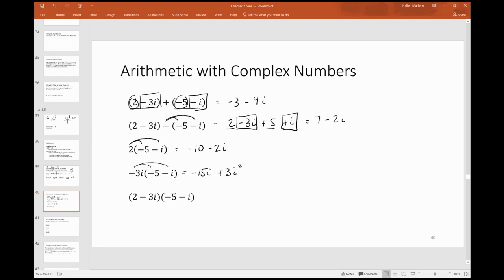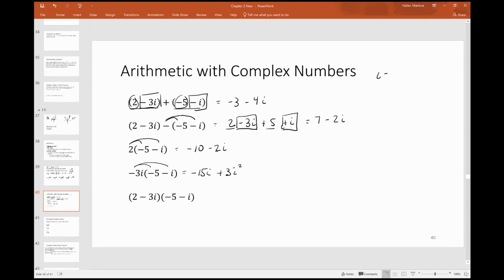Okay, +3i squared. Now, the way I've done that's not in its proper form so far. I mean, I performed the multiplication, but now I need to simplify and write that complex number in its proper form. So I'm going to have to make a substitution for that i squared.